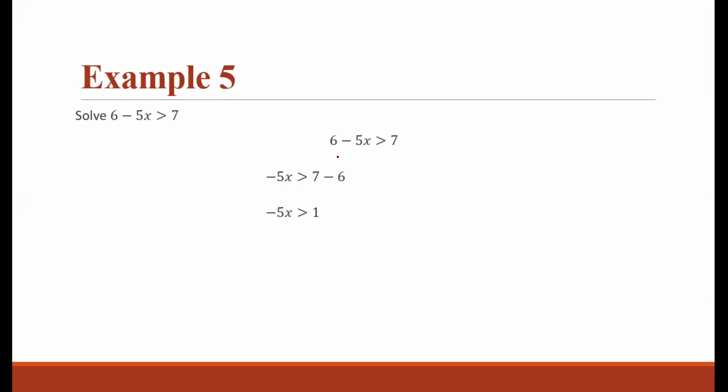So the symbol will change to what? To less than. Correct. Thank you. So we divide through by a negative value, and our symbol will have to reverse, and our value becomes x is less than minus 1 over 5.